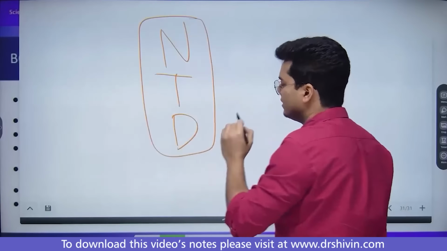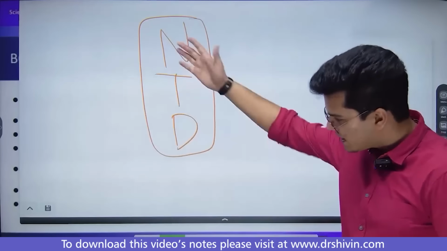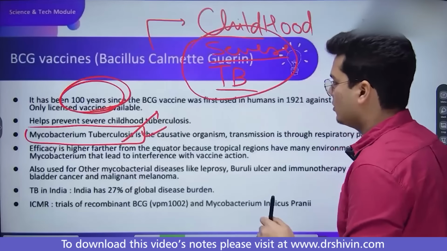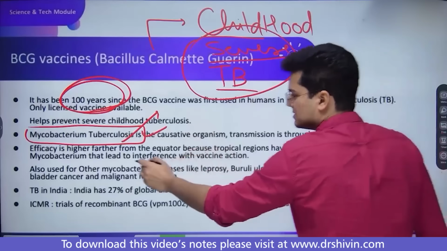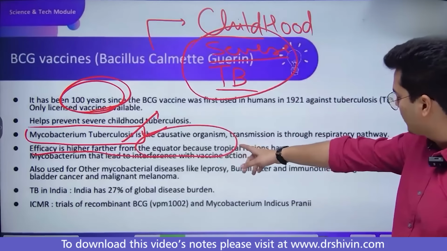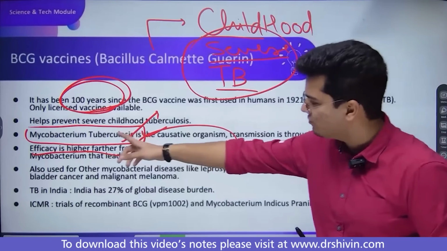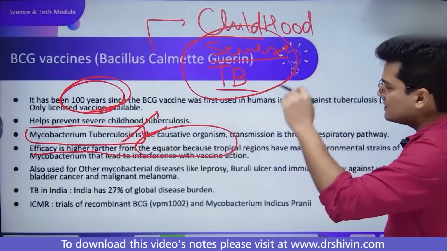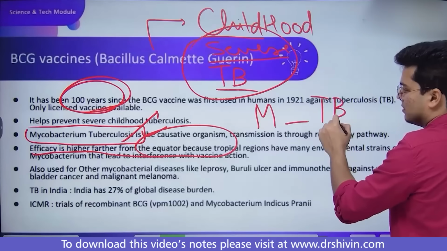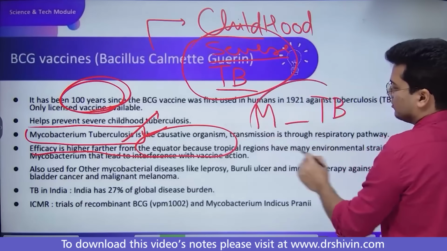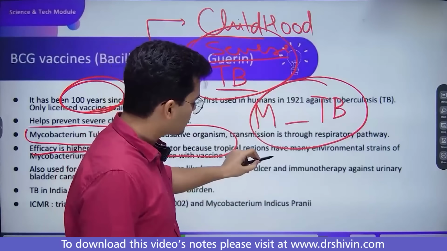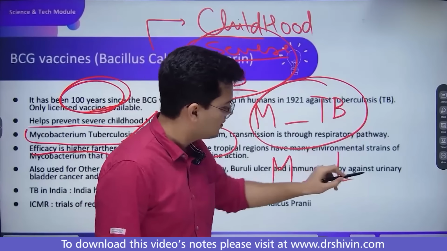Okay, this term you will see in PT 365, but the explanation is not there. This I am giving you right now. BCG's effectiveness is lower farther from the equator because tropical regions have environmental strains of Mycobacterium. Now, BCG is against Mycobacterium tuberculosis. The bacteria that causes leprosy is called Mycobacterium leprae.